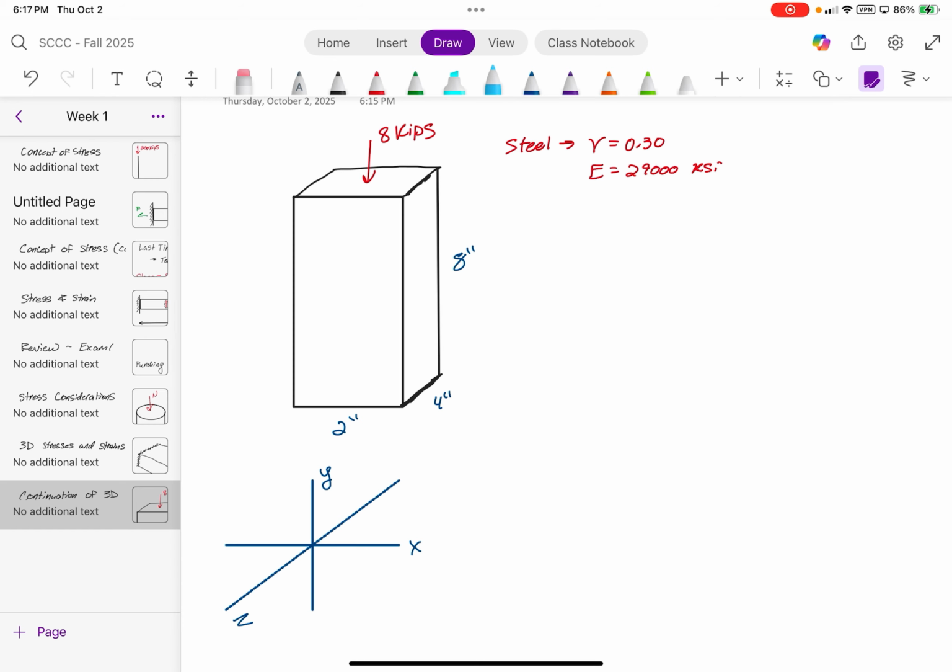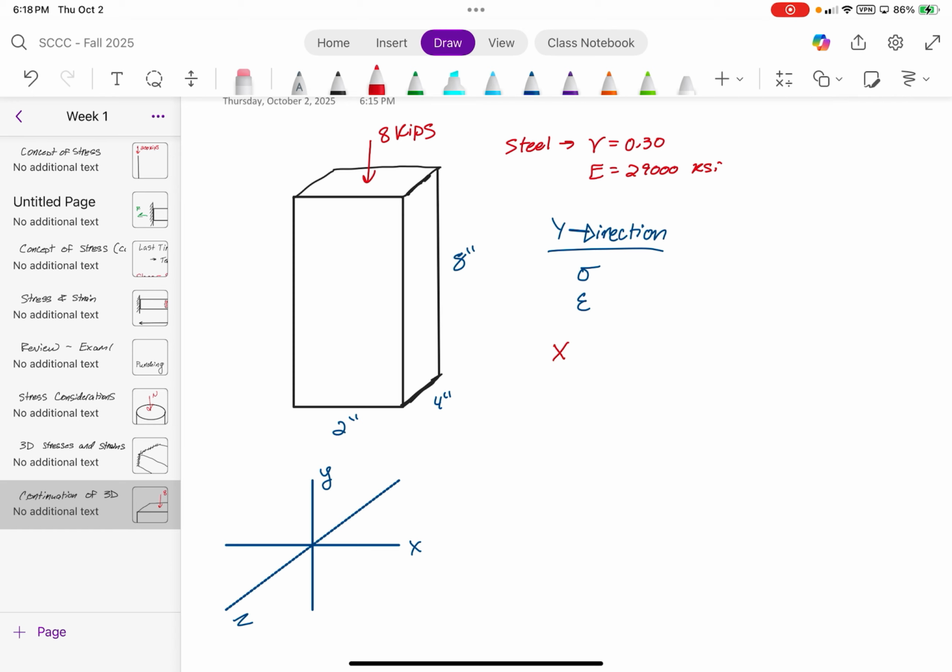You push down on it, and you wanted to calculate a normal stress. In which direction is that normal stress going to be occurring? In the x direction, y direction, or z direction? It's in the y direction. So the y direction is your normal sigma and your normal epsilon.